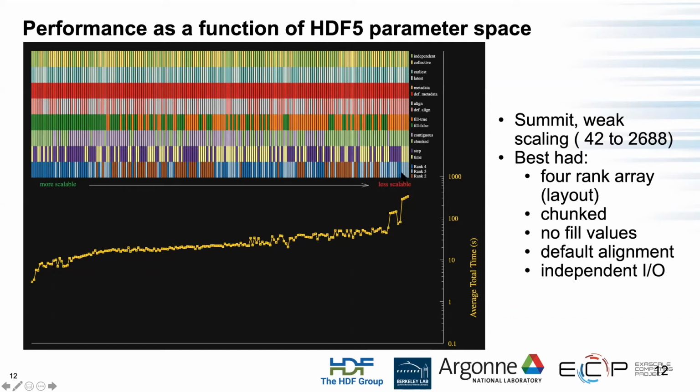And then you can also see the worst performing ones if you were to use your parameter space set here. So this is just a tool that gives you an idea, if you want to run on a machine and explore different layouts and different parameters, it's a tool to help you do that.